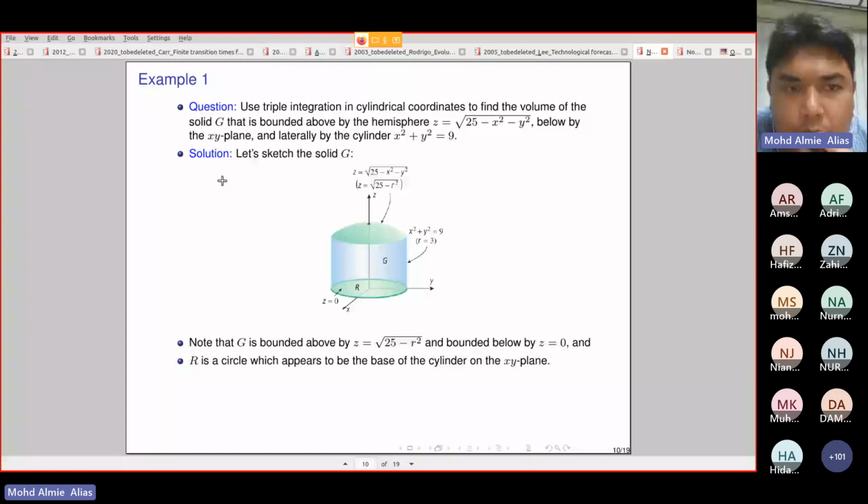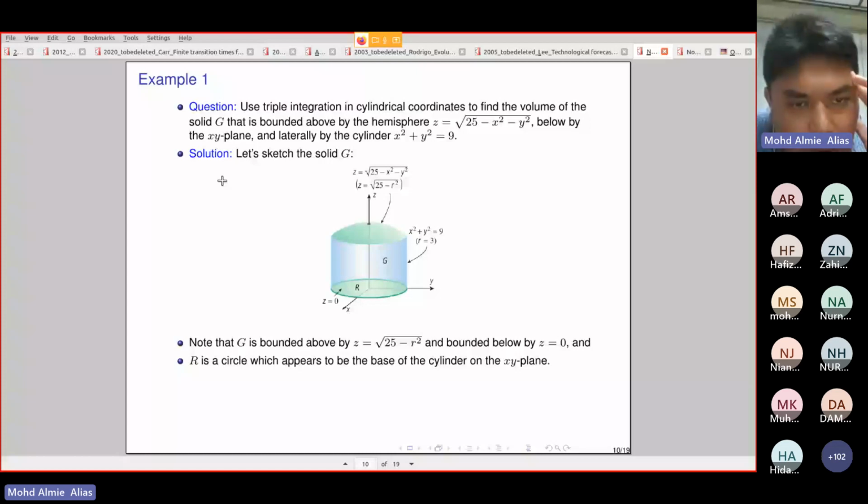So you have this solid G, and the roof is part of the surface of the hemisphere.